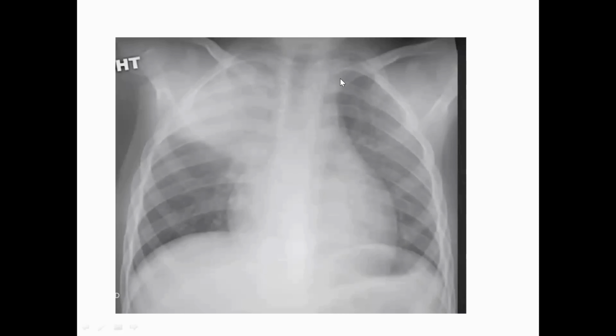So this is how, once we discuss, you are going to identify the abnormal chest X-ray. What we have mentioned is that you always need to compare apical first, right to left side.